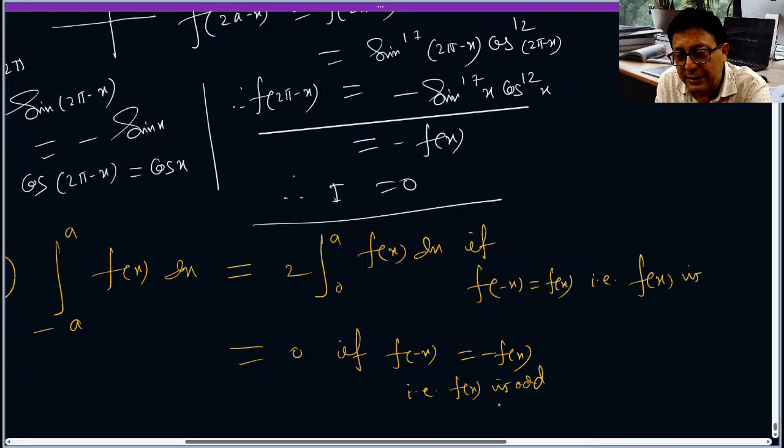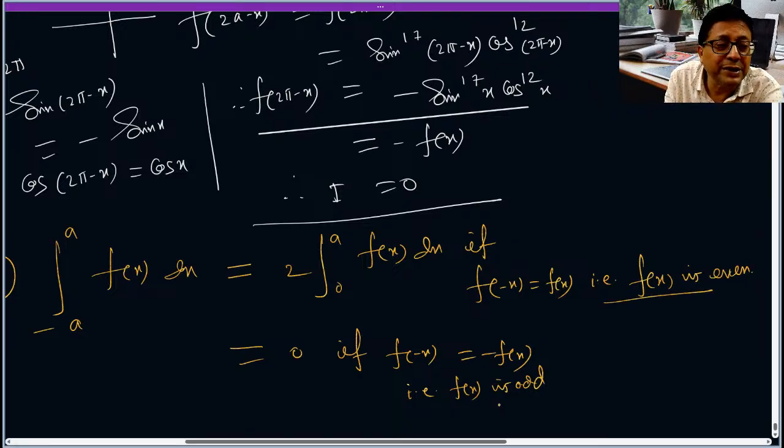If it is even, then you take 2 outside, 0 to a fx dx. If it is odd, then it will be 0.